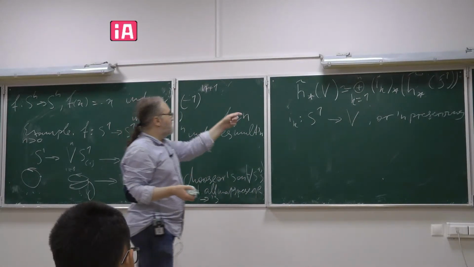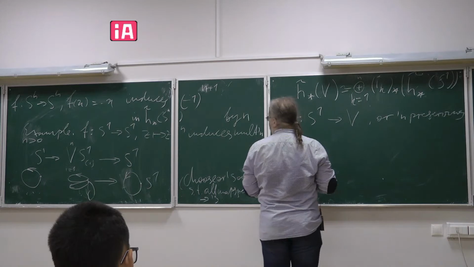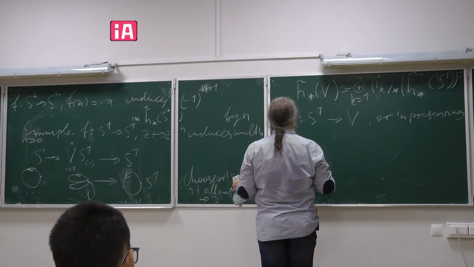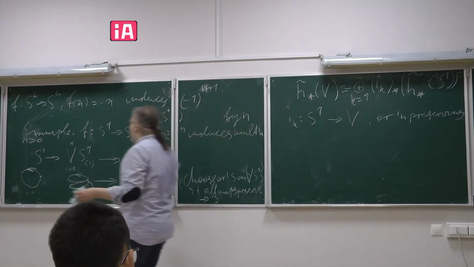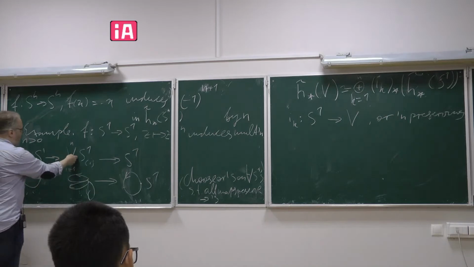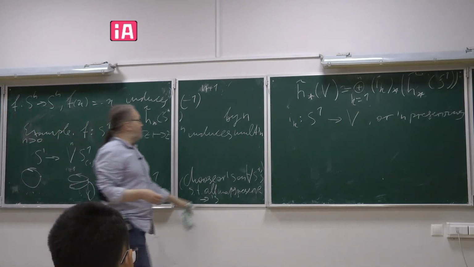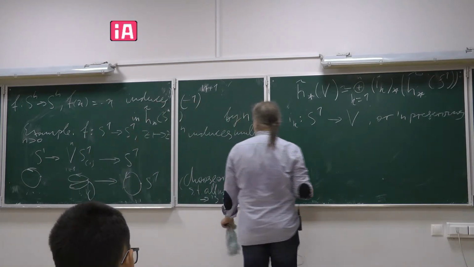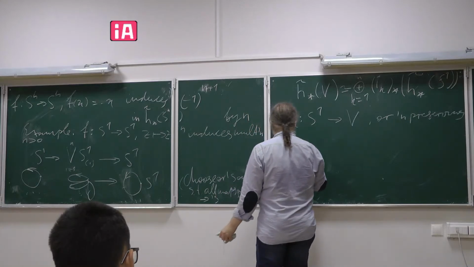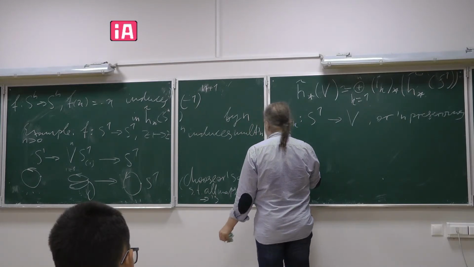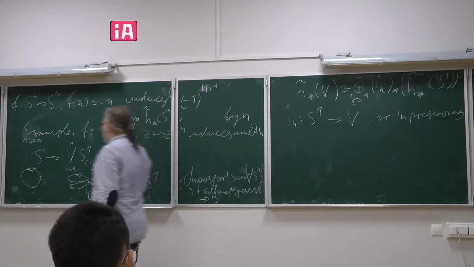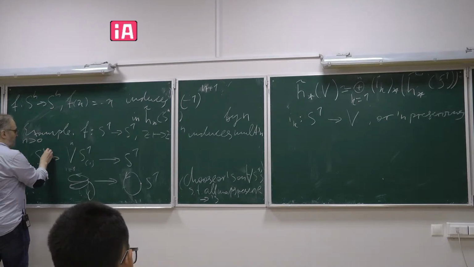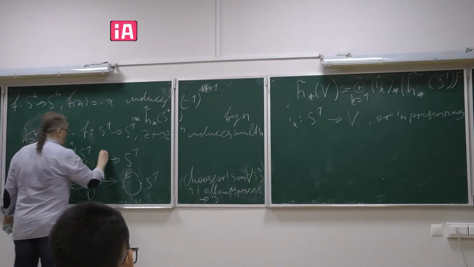So we have this decomposition, and then we want to calculate these two maps in terms of this decomposition. And my claim is, well, let me call this alpha. Let me call this beta.